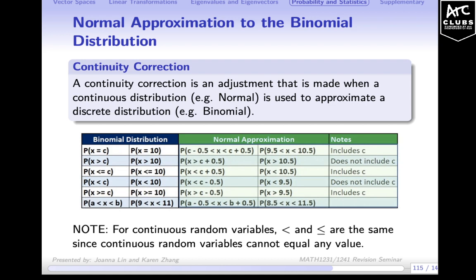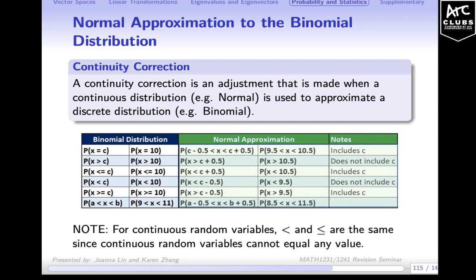This is because discrete random variables can only take specific values, but continuous variables take values within an interval around these specific values. Because we can take an interval instead of just one specific value, this increases our accuracy, which is why we have continuity correction, to reduce any rounding errors.